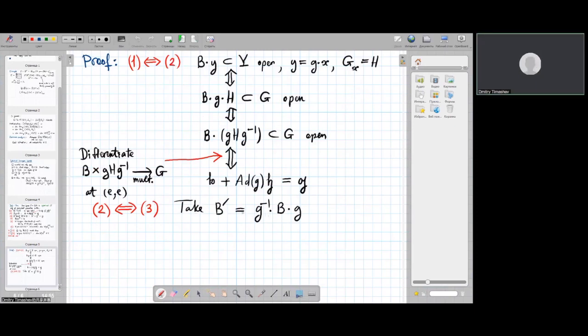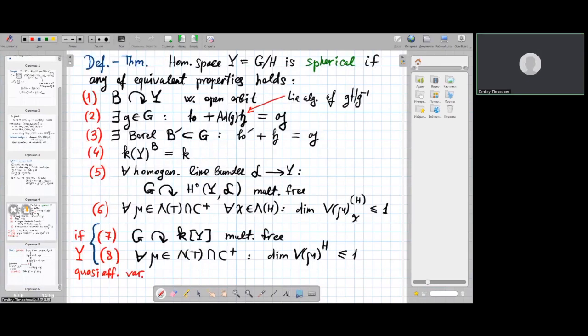The last line. Yes, just as written here. Because if you conjugate with G inverse, then the second summand just turns again to H, to the Lie algebra of H, right?